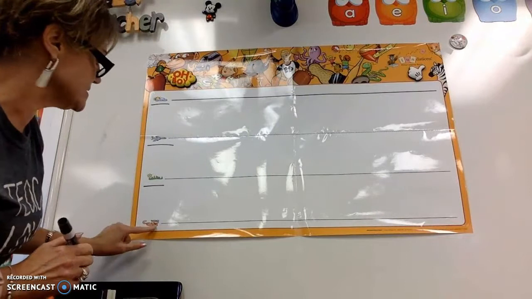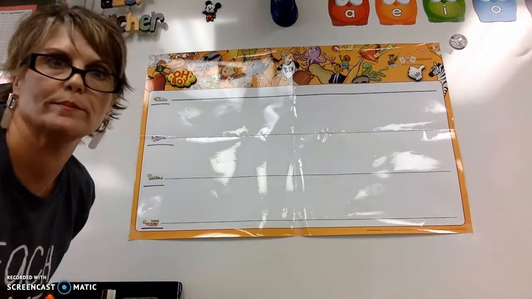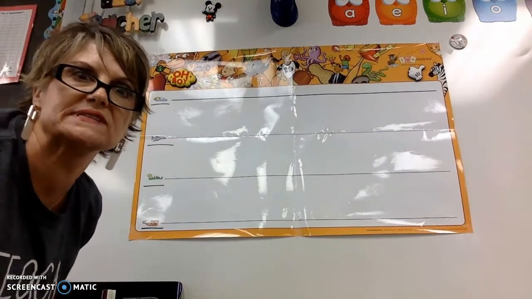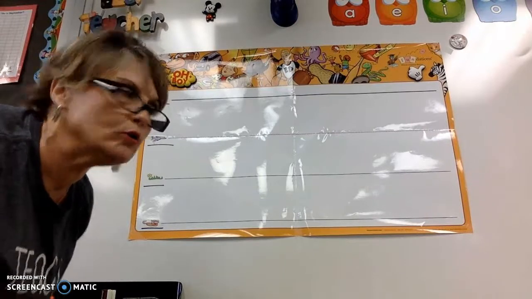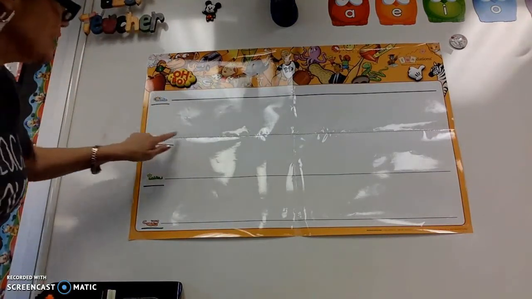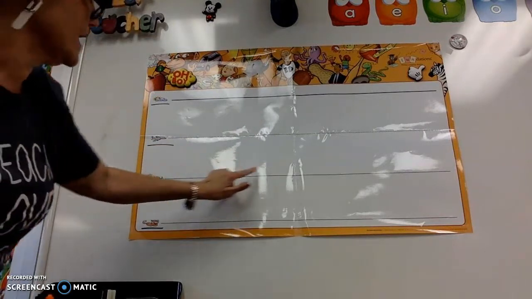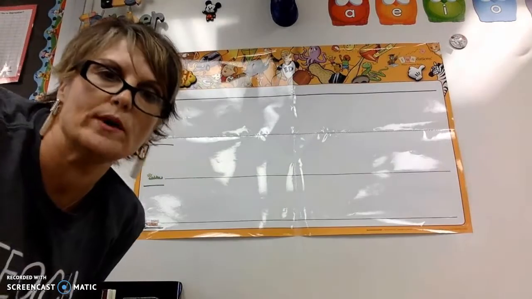And this line down here is called the worm line, because where do worms live? Oh, they live underground, don't they? So, friends, we have the skyline, the plane line, the grass line, and the worm line. And we will talk more about that.